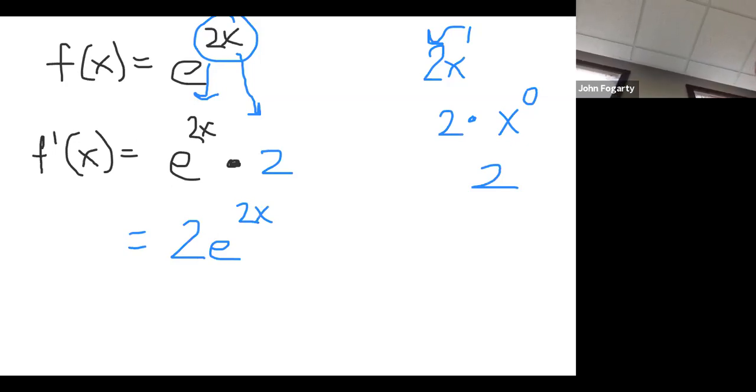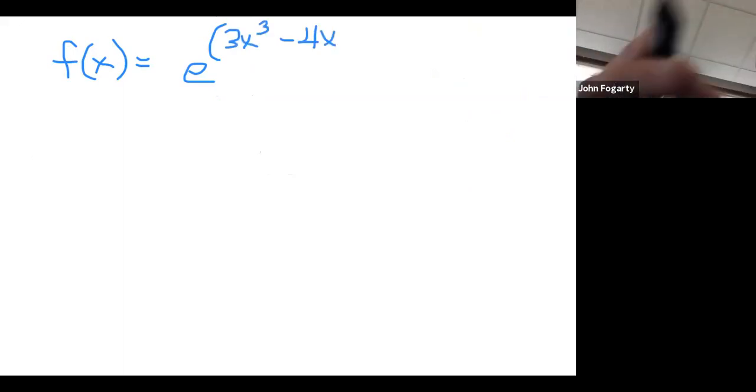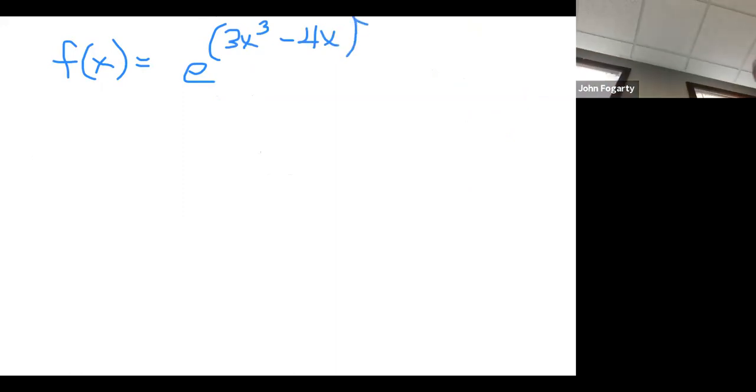Same rules, ready? The function of x equals e to the 3x to the third minus 4x. It looks really complicated, fellas, but it isn't.